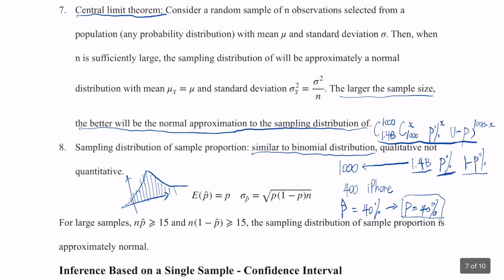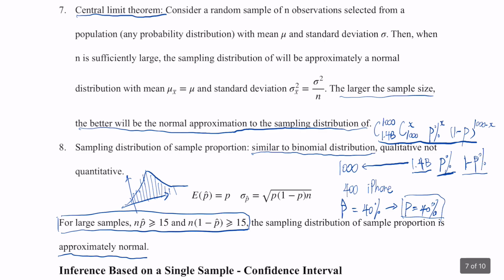Therefore, for the sampling distribution of the sample proportion, we only study large samples. This is the constraint of large sample, for the reason that only the sampling distribution of a large sample is approximately normal. If it's a small sample, it is not normal, right?